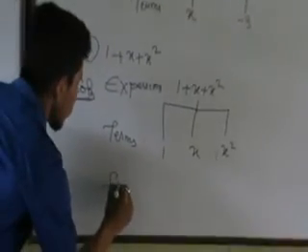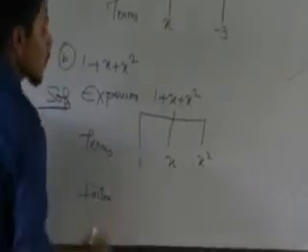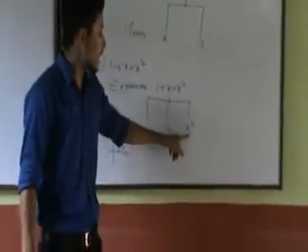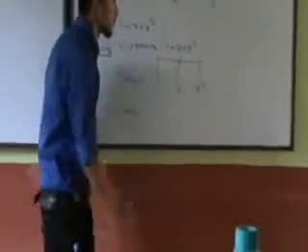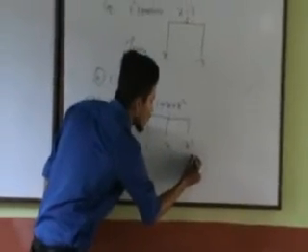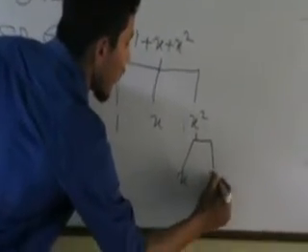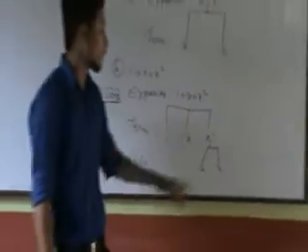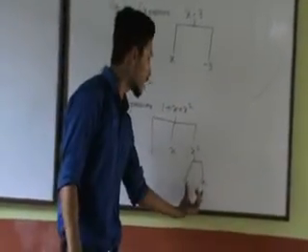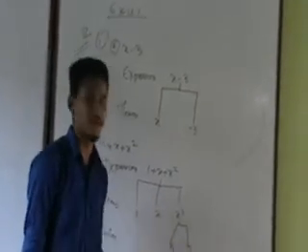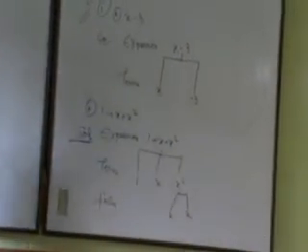Now we have to write the factors. 1 is already a factor, you cannot factorize again. X is already a factor, but this x square we have to factorize. So we have two factors here, x and x. How is it 2? It is x square. If you multiply two x's, then you will get x square. So x and x are the factors for x square. Is this clear? Yes, sir.